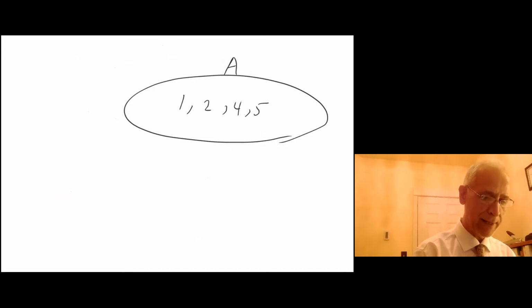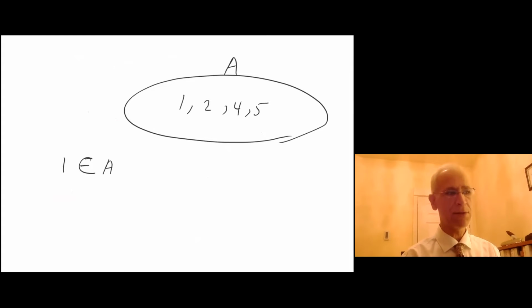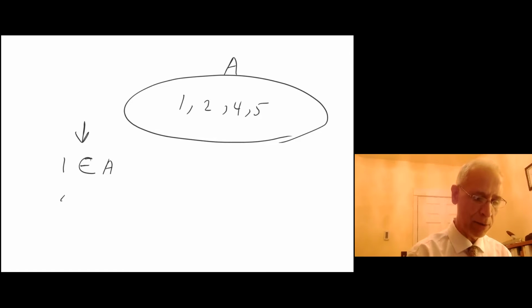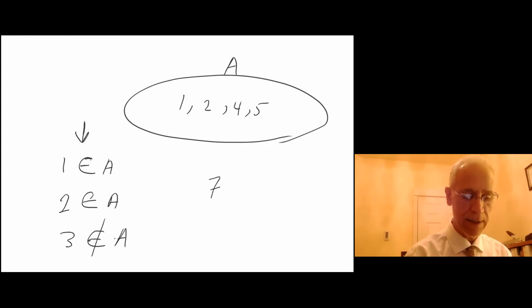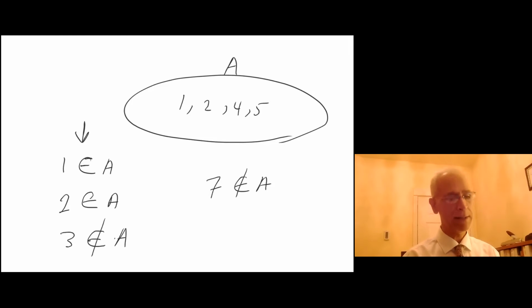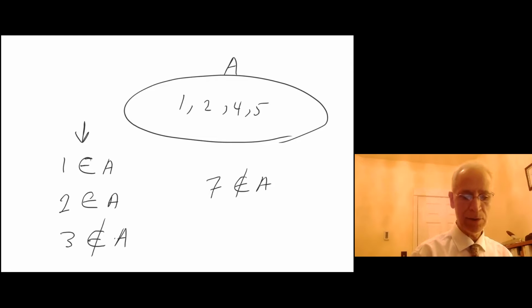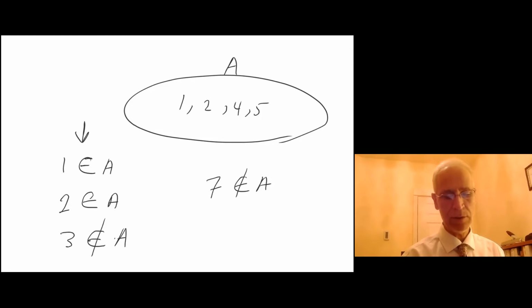So I can say that 1 is in A, this symbol right here. 1 is in the set A. I can say 2 is in the set A, but 3 is not in A. 7 is not in A.